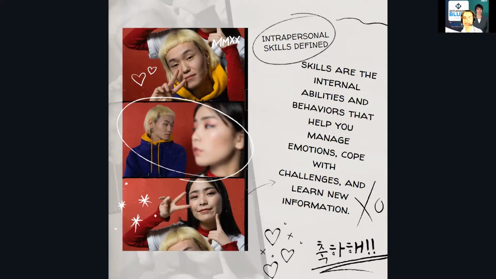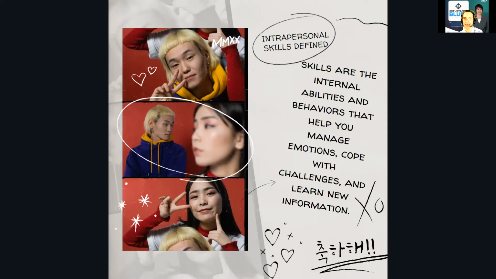Skills are abilities that, in the long run, since we keep on using and improving them, we become very, very good at.